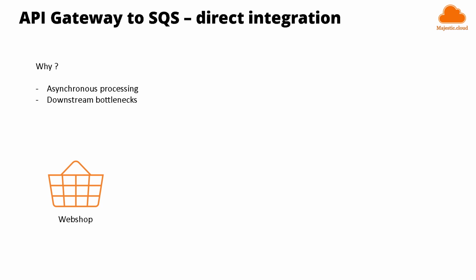So you would need to find a way to handle these orders in an asynchronous way, allowing your workers to handle the orders later. Now, even if you would have Lambda functions as integration points for your API gateway, you could still run into issues when Lambda functions are unable to handle the request due to various factors.